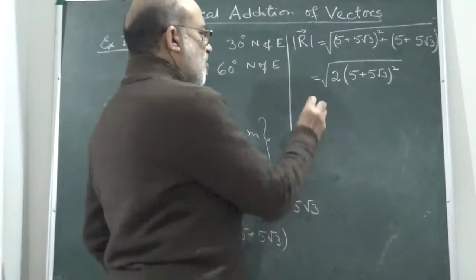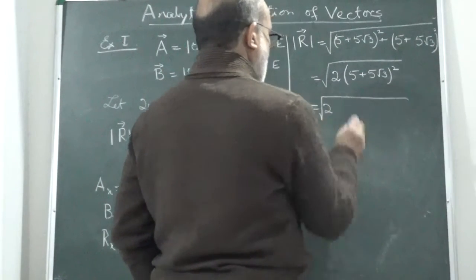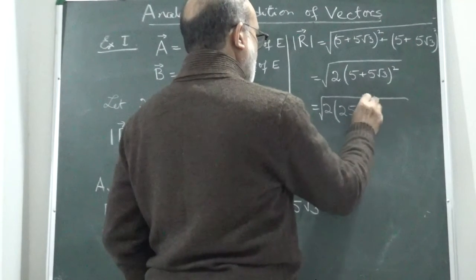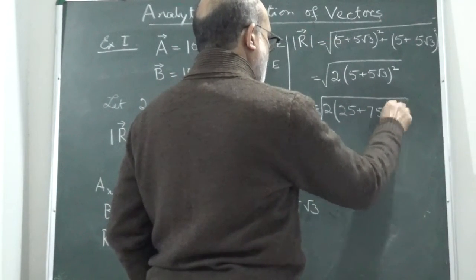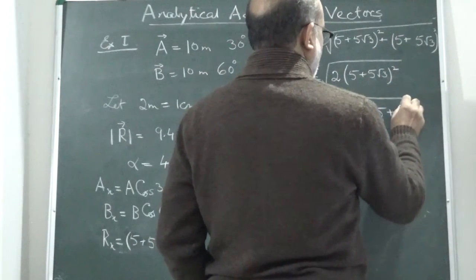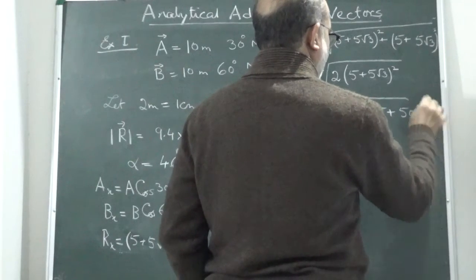So it's 5. Square of this means 25, A square plus B square, 75, plus 2AB means 50 root 3.